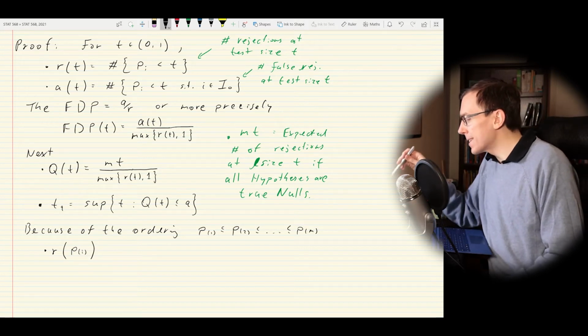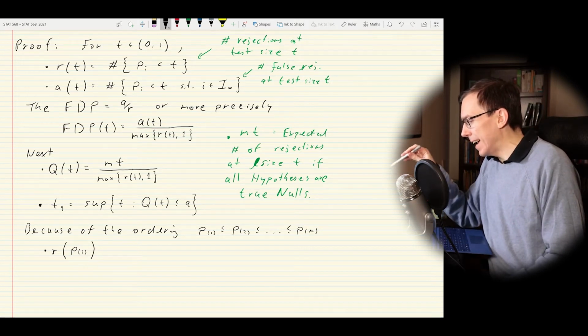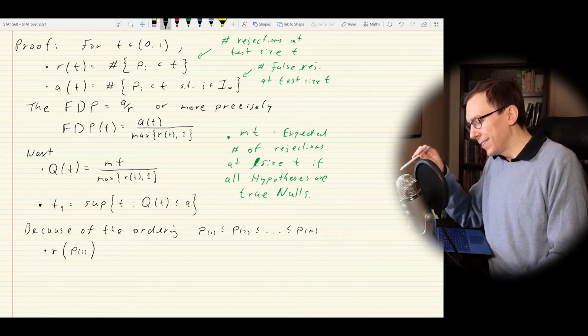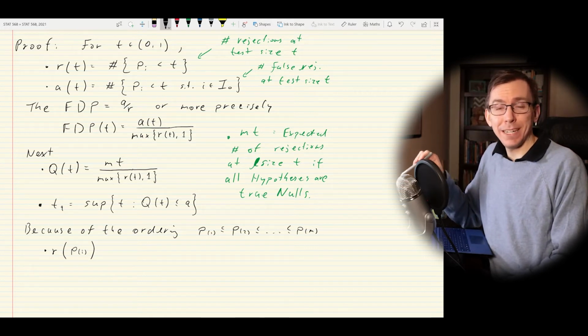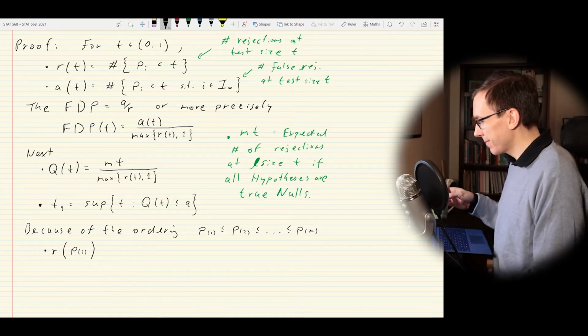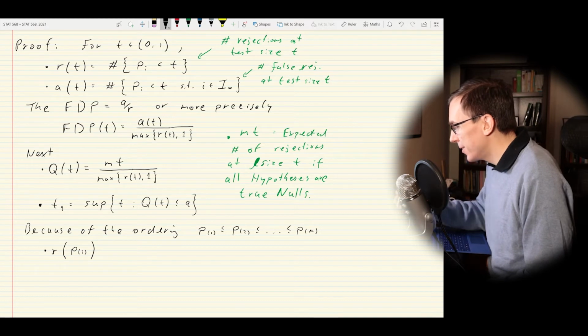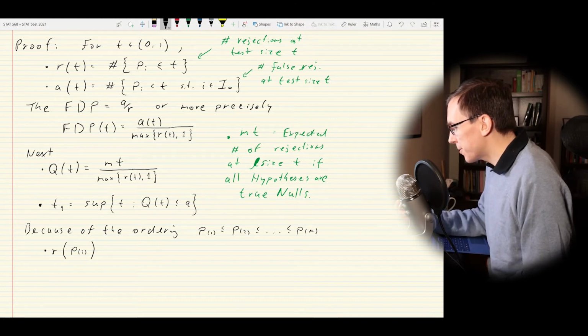Remember, R is the number of rejections at test size t. So how many p-values are less than or equal to p sub i? I should make this strictly less than or equal to. That was an imprecision in my lecture notes there.